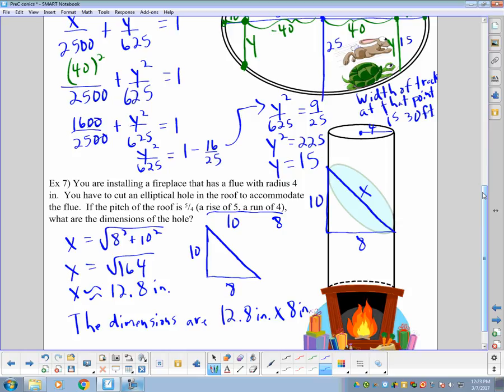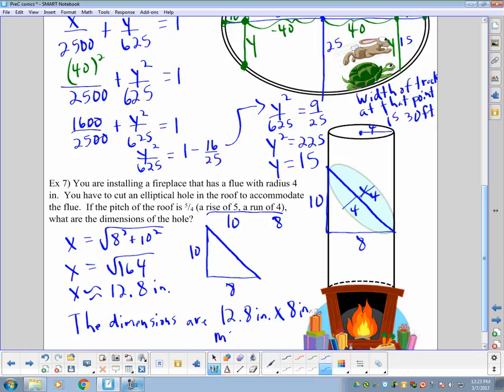So you can measure a radius. It's kind of hard to picture because it's a two-dimensional picture, but right out here would be a 4. So from here to here would also be a 4. It's kind of weird to give dimensions of an ellipse in that way, but the dimensions of the hole, you're going to have an ellipse that is 8 inches wide, has a minor axis of 8 inches, and a major axis of 12.8.